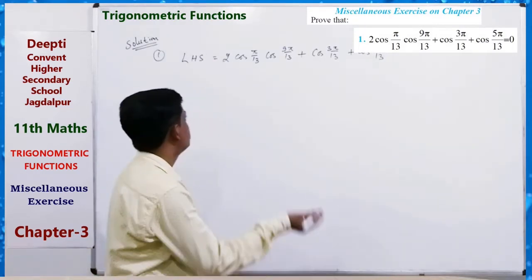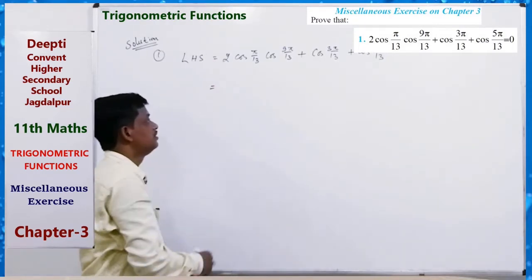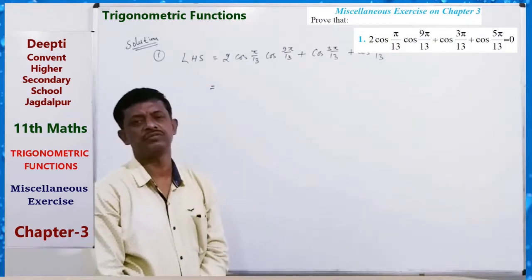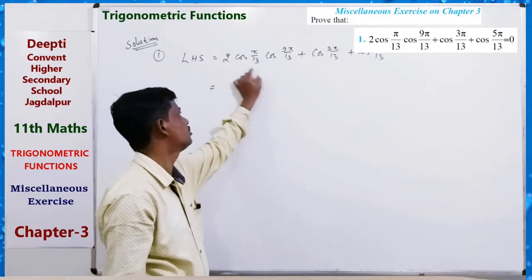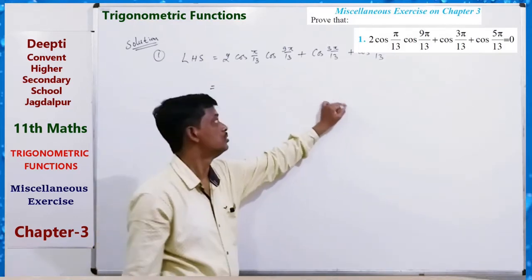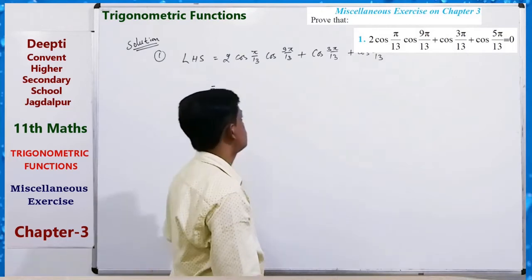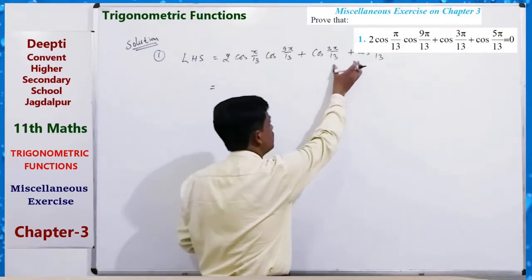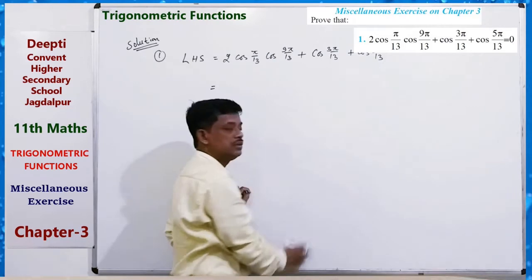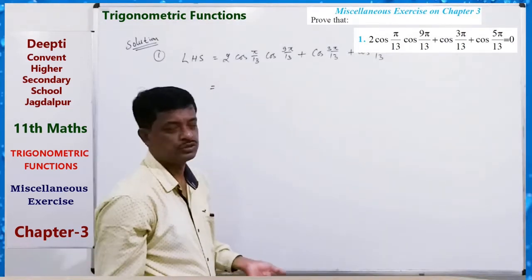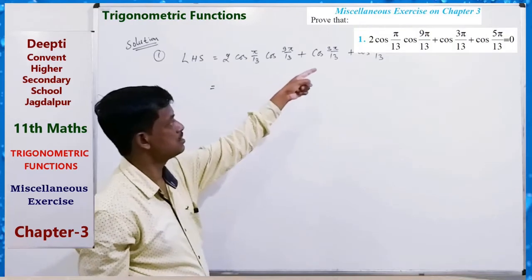Clear? So here we can see that these are all particular values, so we can apply the 2 cos a cos b formula, also the cos c plus cos d formula. First of all, apply the cos c plus cos d formula, then we can get some common value.